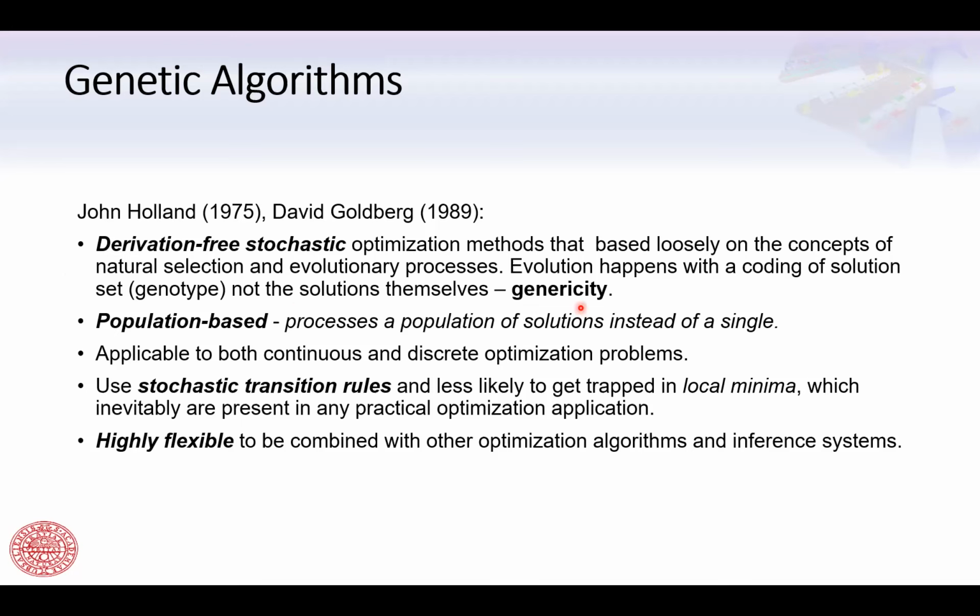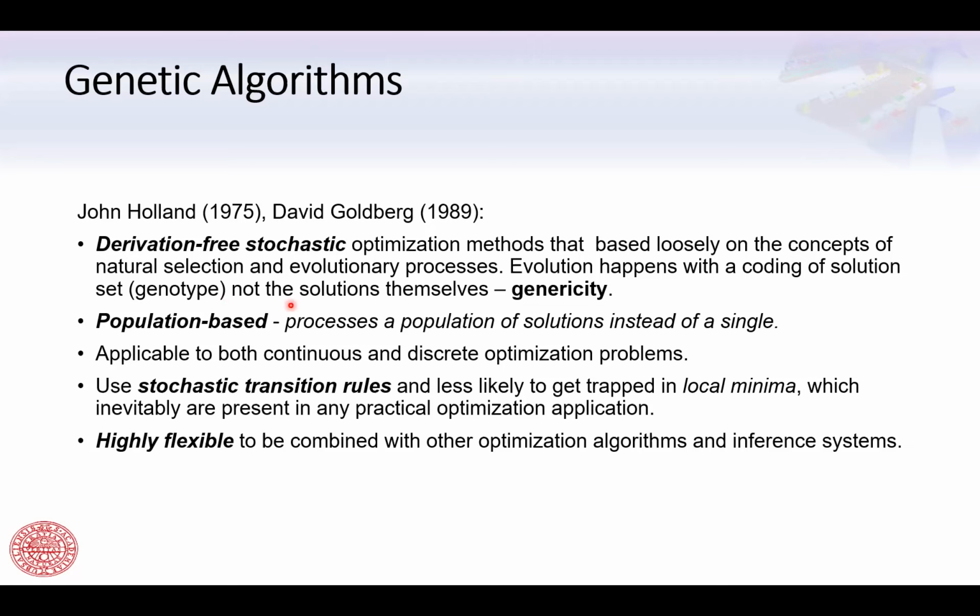And the genericity is usually associated with how you encode your solutions into a genotype, and then you translate back to your phenotype. Phenotype means what exists in the real world. In the real world, you have the number of machines, the number of workers, and in a hospital, the number of doctors, which is one of your decision variables.